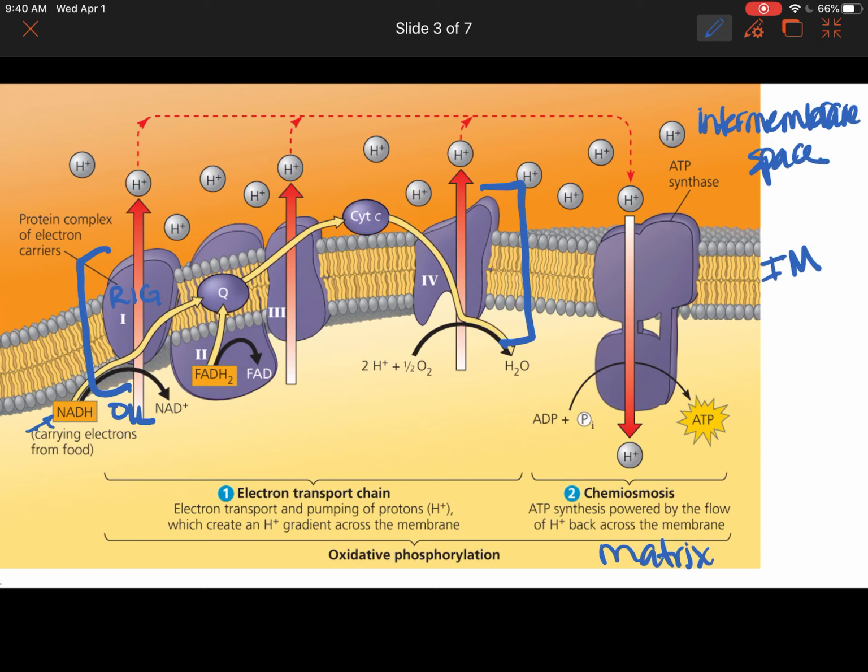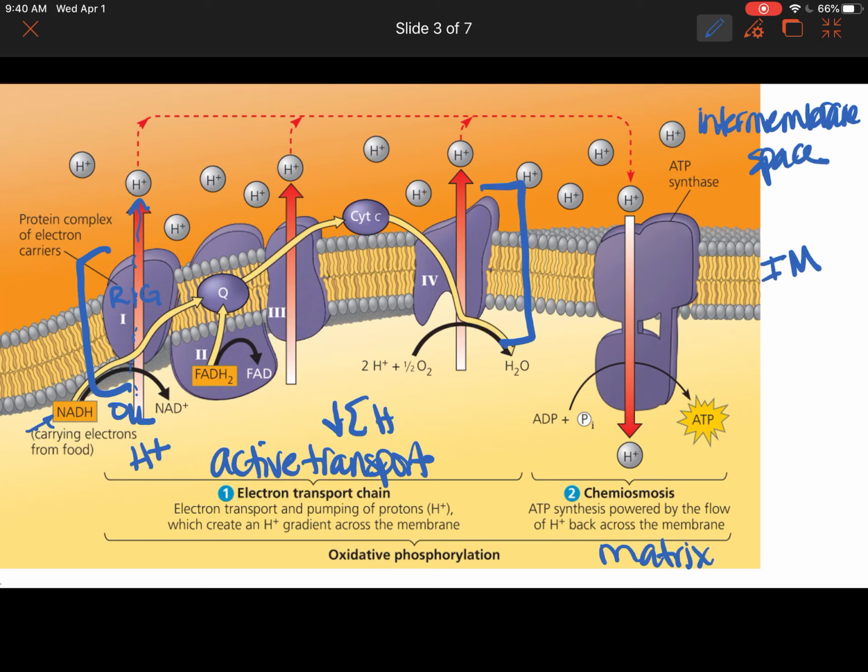Okay? Well, complex 1 is going to use some of the energy in those electrons to actively transport hydrogen ions from the matrix into the intermembrane space. Okay, now remember, active transport, moving things from low concentration to high concentration.